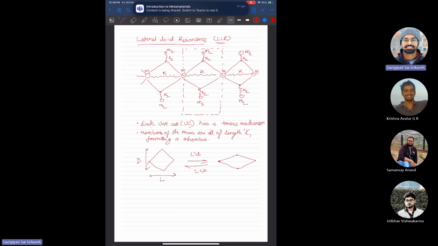Although this is a non-linear mechanism, however, we linearize it.